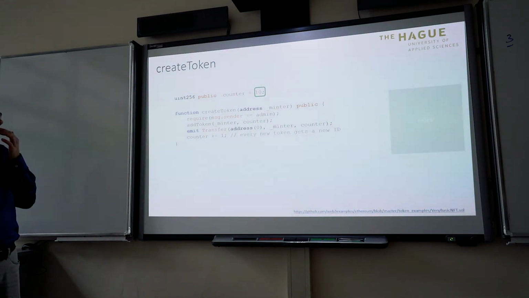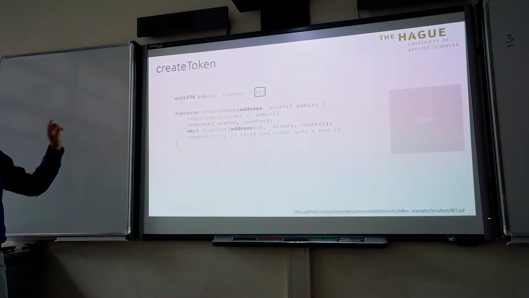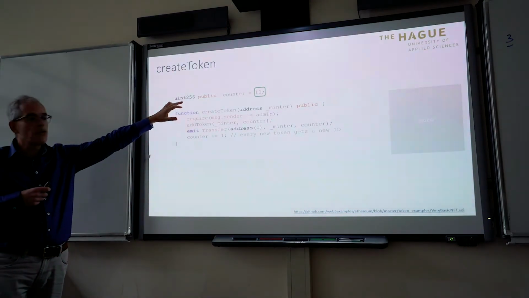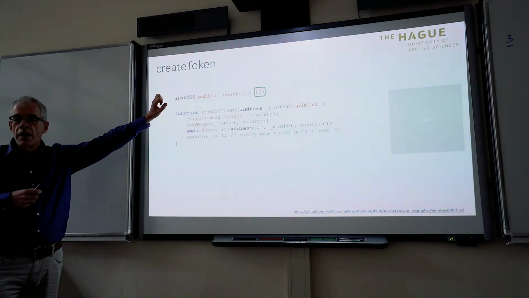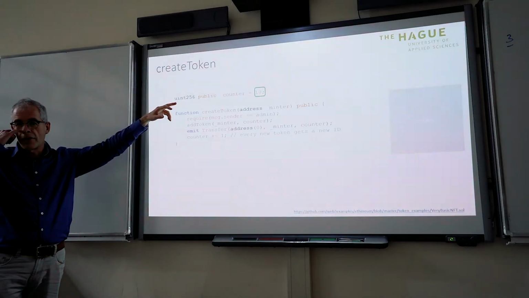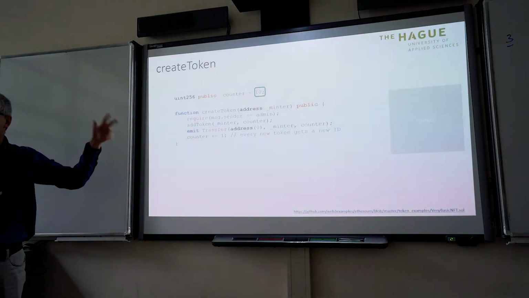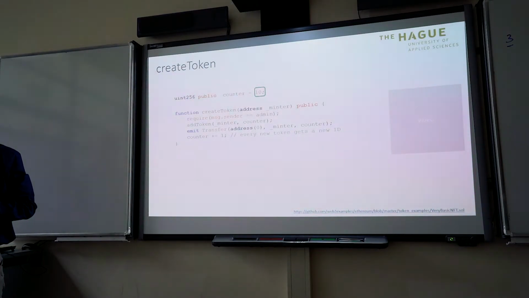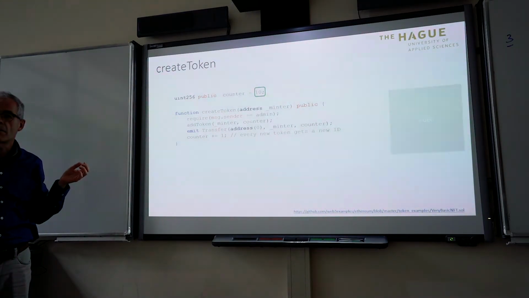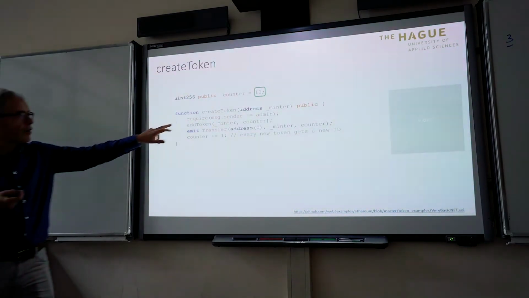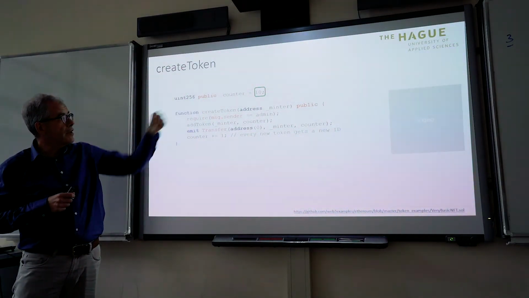When you create a token in this contract, this contract uses a counter to create tokens, and each token has a next number. So the first number has number 10, and then 11, 12, 13, etc. So that's done also on other contracts, but you can also choose other things as the token indicator.